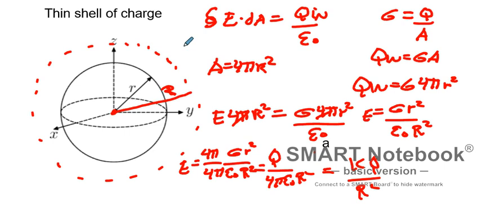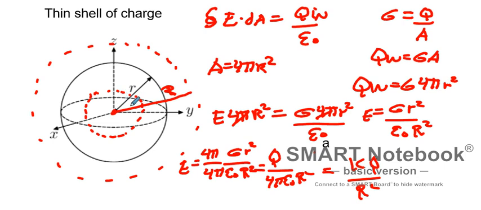Now what about if I'm inside? So if I want to draw my Gaussian surface maybe at this distance here, well, we see that Q inside is actually 0 because our charge is actually residing out here. Now remember, it looks like it comes from in here, but it really doesn't come from in there.